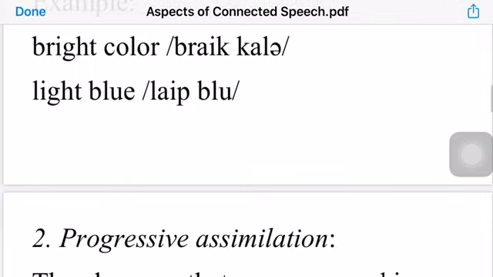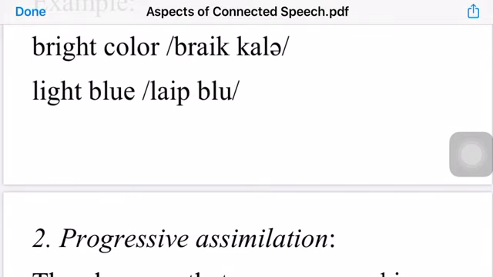Another example is the expression light blue. In connected speech, this expression will be pronounced as light blue instead of light blue, because that would make it more difficult in fast speech. In fast speech and connected speech, we are trying to make things easy, so we change the T into P. And just like the previous example, the change moves from the second back to the first one.